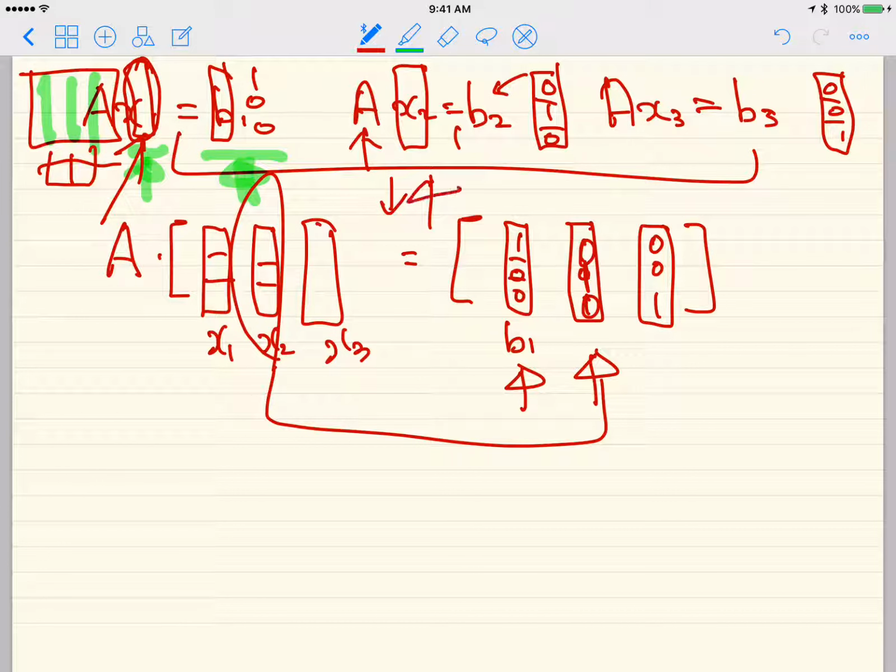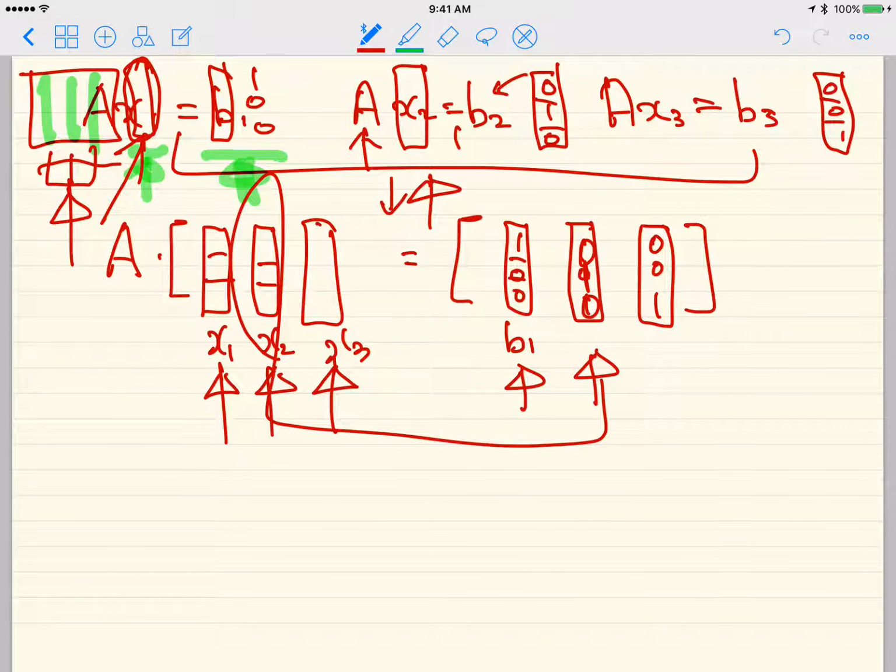But in the second case, we try to linearly combine them to generate 0, 1, 0, and then 0, 0, 1. Okay, so if you can generate all these quite simple standard unit vectors by linearly combining the columns of a given matrix, then that's when your matrix is invertible, and that linear combination coefficient will form your inverse matrix.